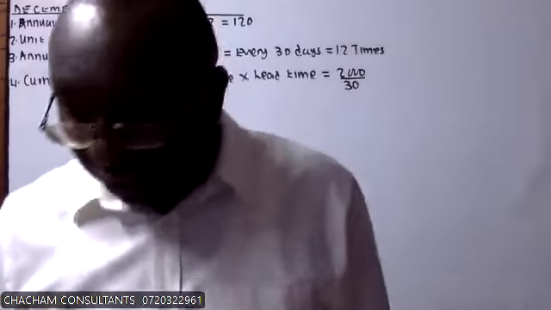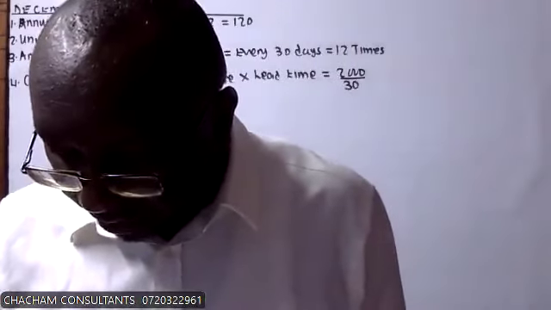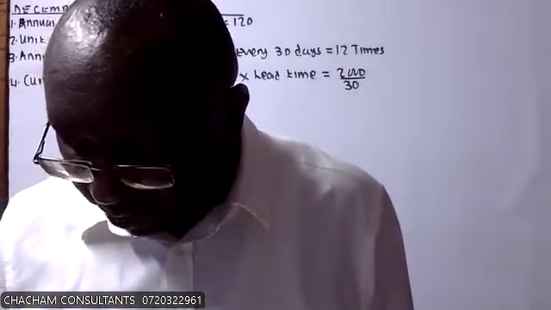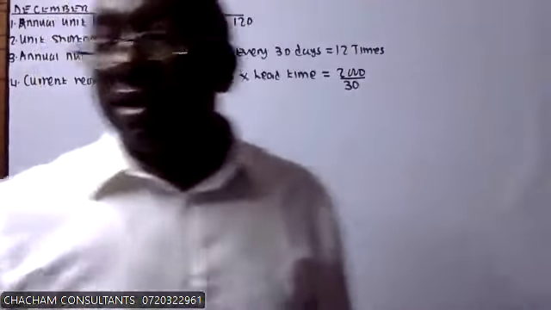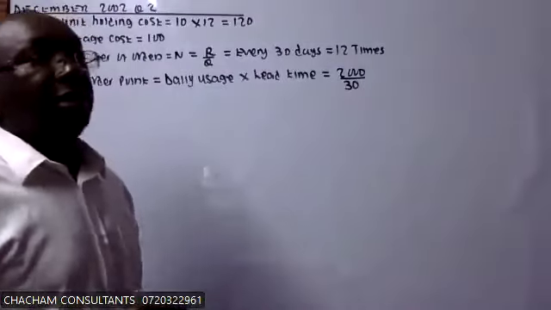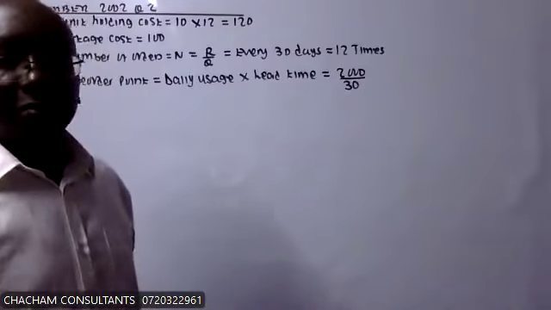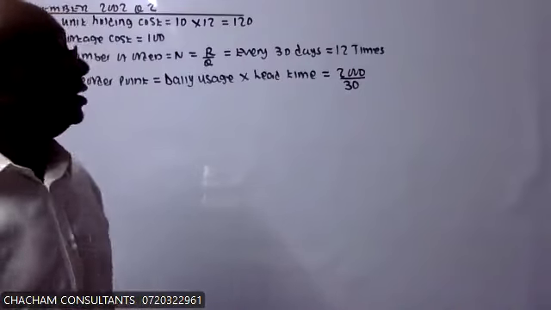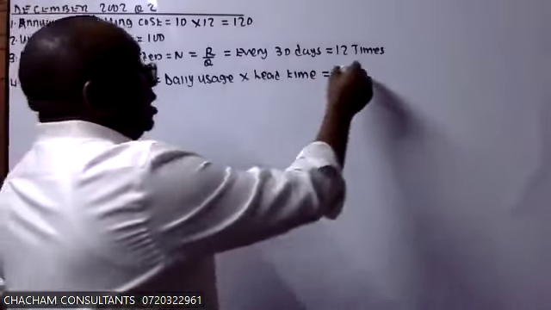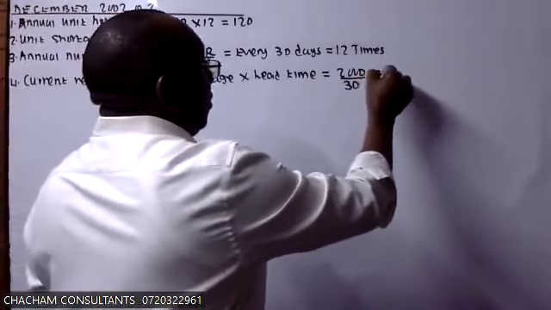Now if you look at our question, it says we have a lead time of 4 days. So the unit of measuring time that has been used is days. So now I will get the daily demand, then I multiply by 4.